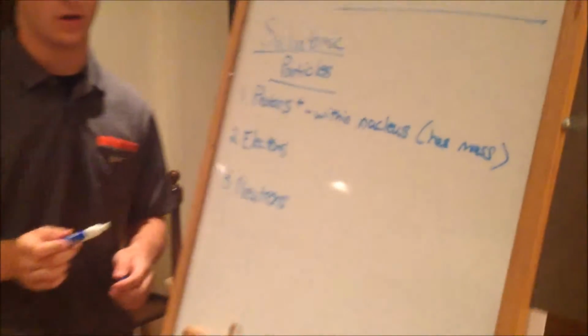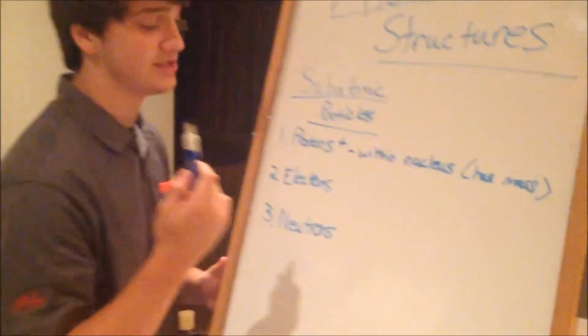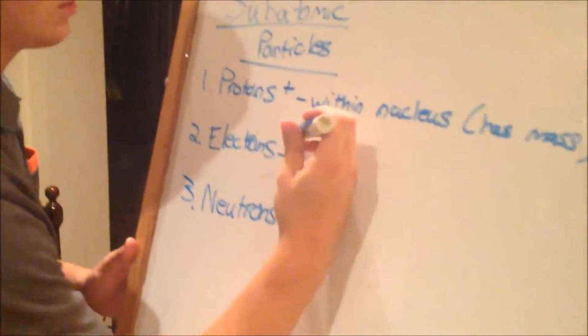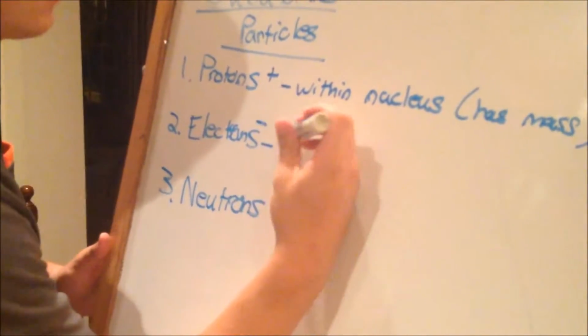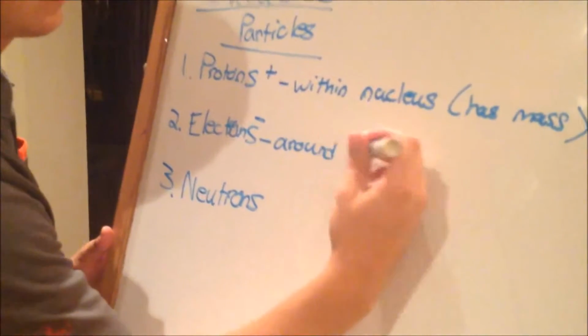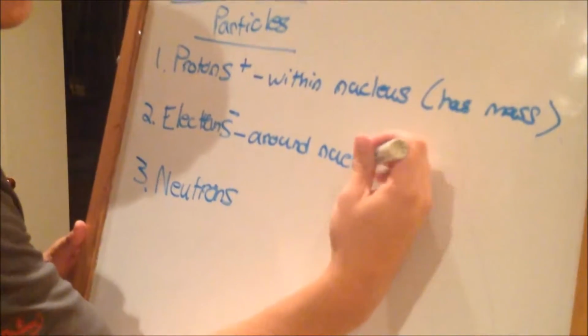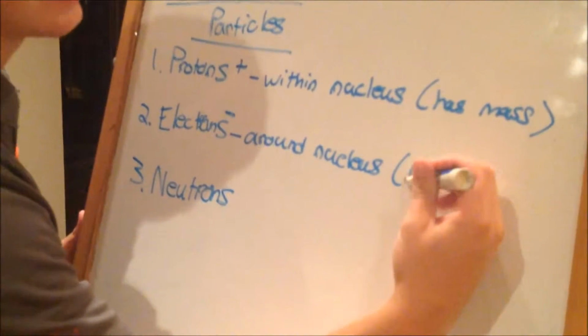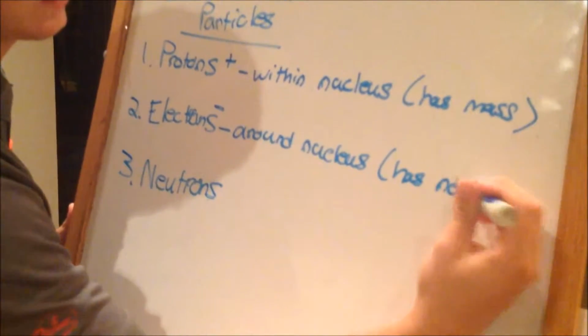An electron is a negatively charged particle that revolves around the nucleus and has no mass. Negative, around nucleus, has no mass.